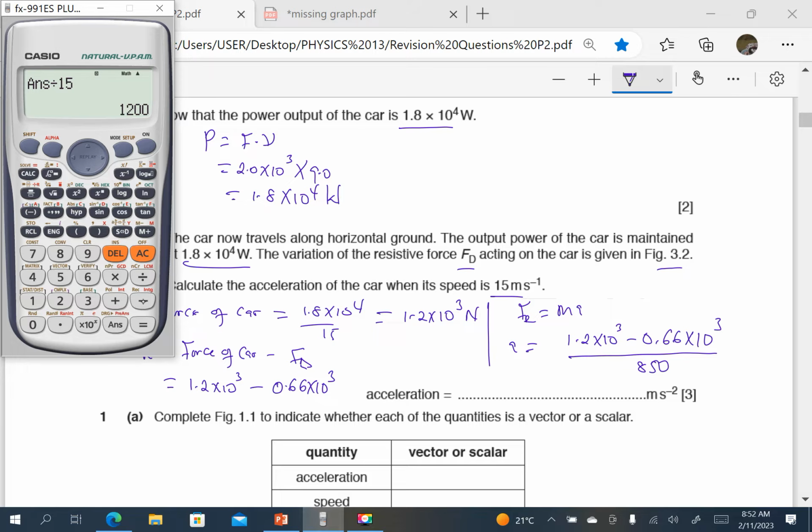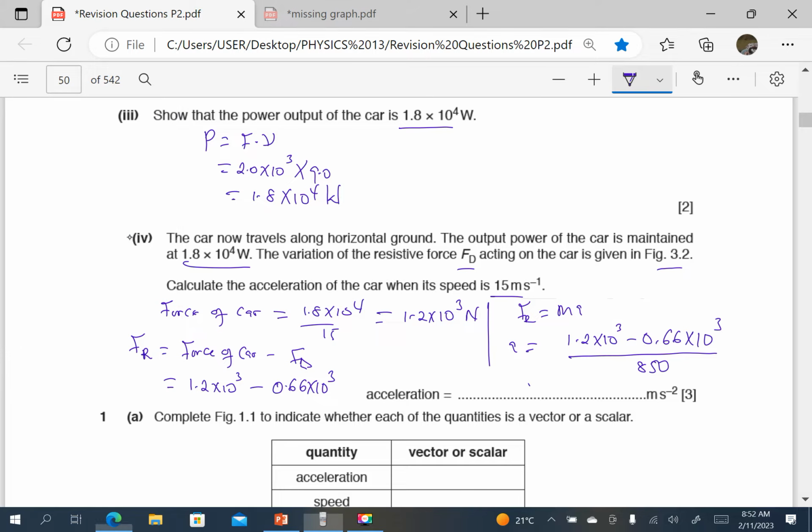So 1200 minus, open bracket, 0.66 times 10 power 3, divided by 850. So that is 0.635 or 0.64.